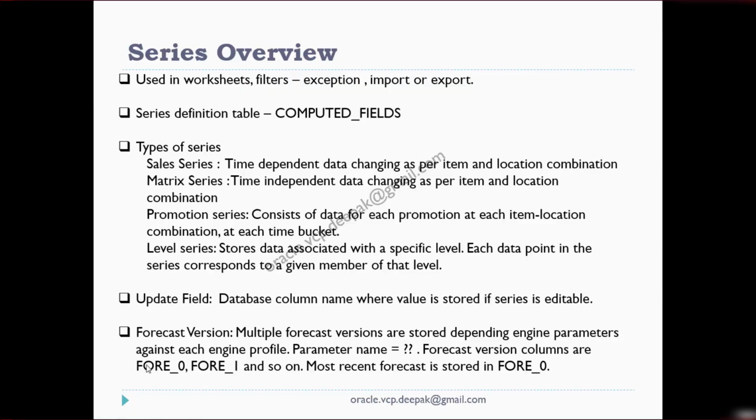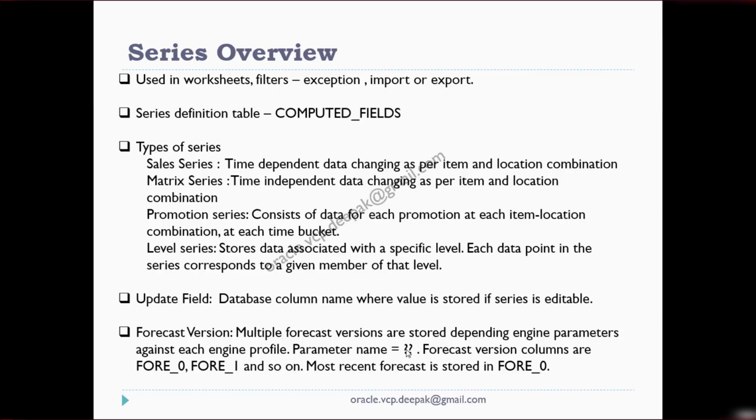Again, if you run the next time, it moves again; the latest forecast will be in FORE_0, and the one period back forecast will be in FORE_1. So data will be archived. This is the way it does the archiving of the forecast, and it keeps the recent forecast in FORE_0.